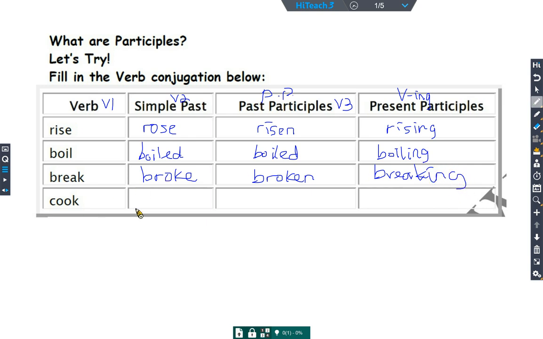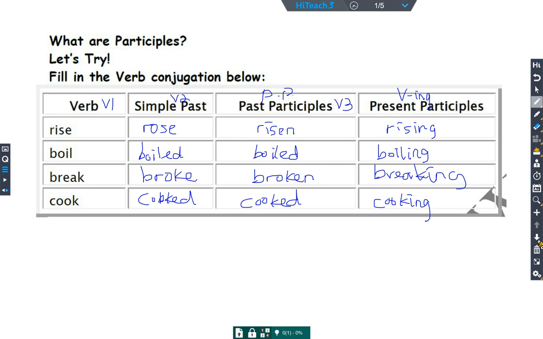And then cook becomes cooked, past participle is also cooked, and present participle becomes cooking. Alright, so I think all of you can fill this table easily.